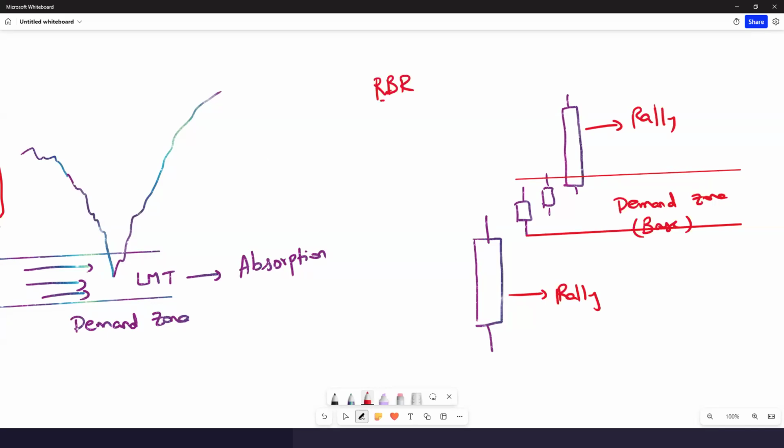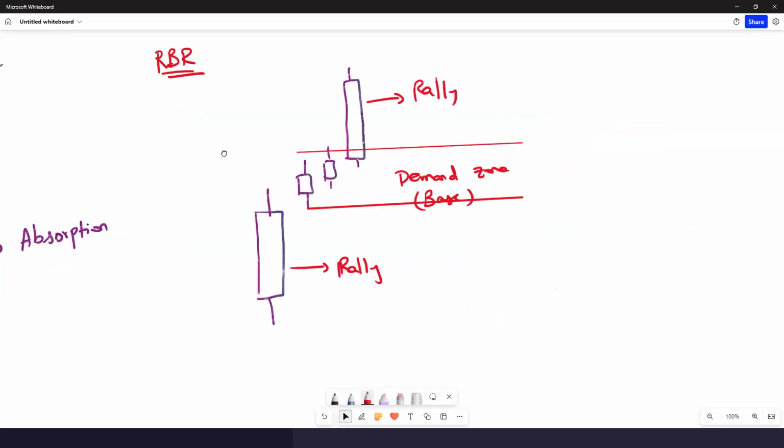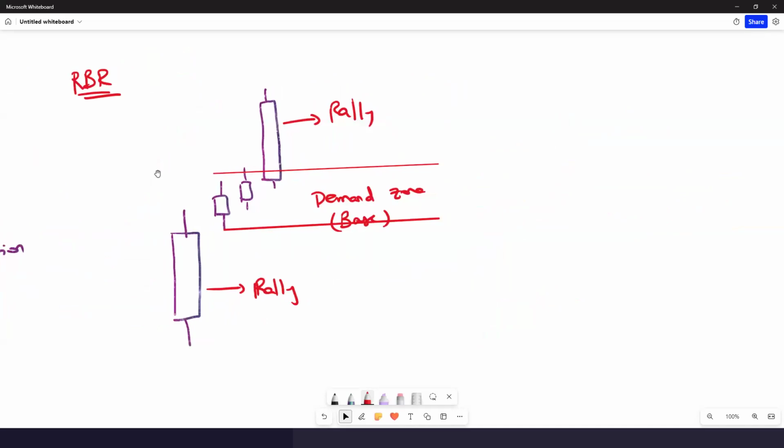RBR. And like I said, here also we can have a hidden base, like a drop followed by a rally. If I'm seeing a big drop, a kind of downside move, followed by that I'm seeing a classical rally, an upside move.